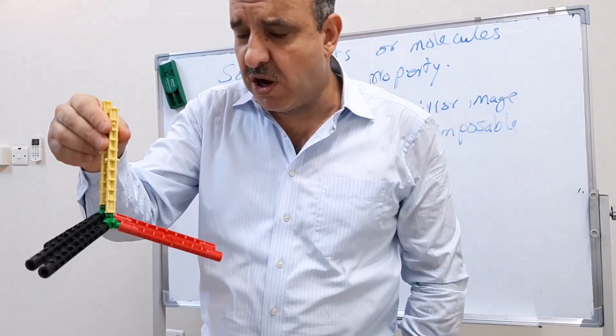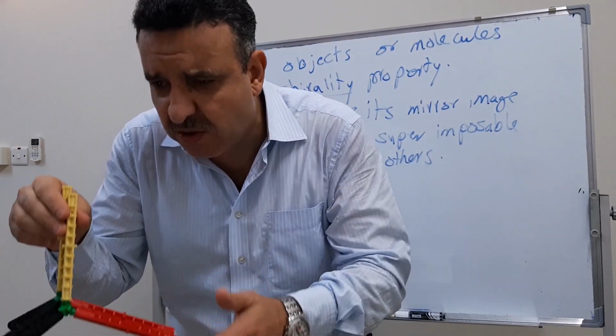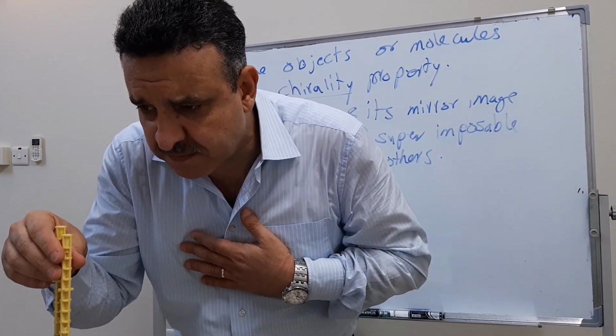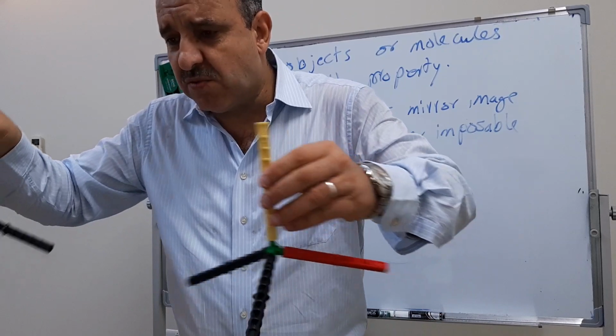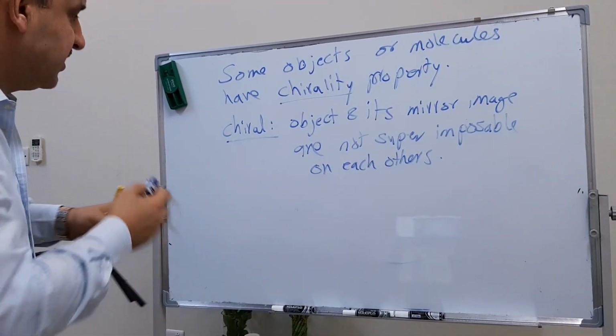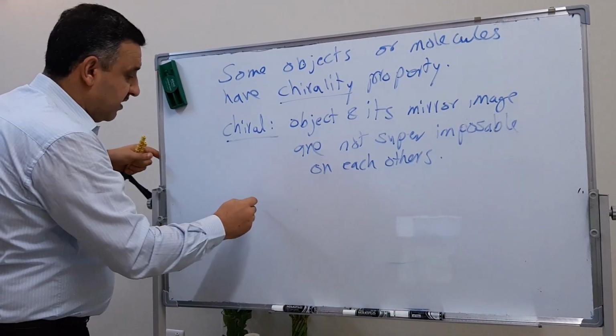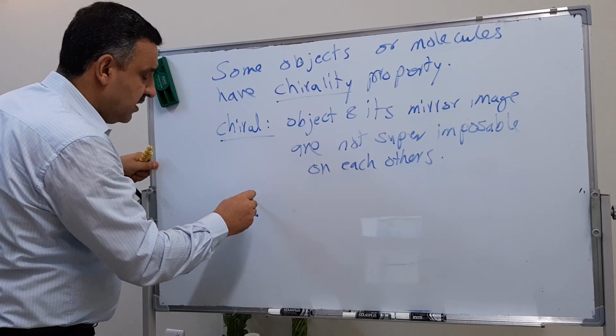So these two objects are what? Are they superimposable or non-superimposable? They are superimposable onto each other.